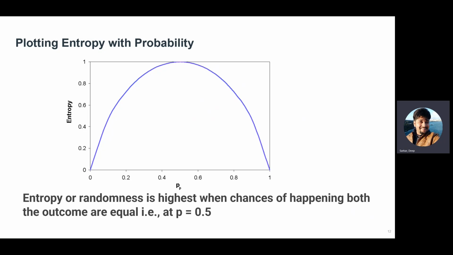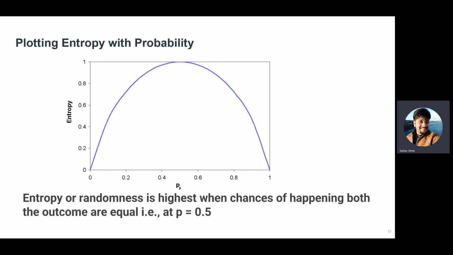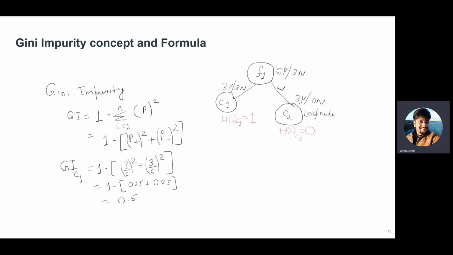Let's take a step higher than this, and let's see why the concept of Gini impurity comes in, because we are happy with computing the purity of the node with entropy. Why do we need Gini impurity then? It's totally built on the same concept. Gini impurity also checks the purity of the node.